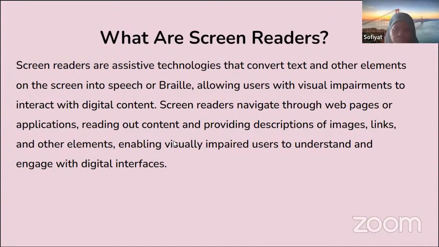It also enables visually impaired users to understand and engage with digital interfaces, just like I've been saying so far. It helps them understand better because they can't see and they need something to hear. So you can use that to help them with the products.